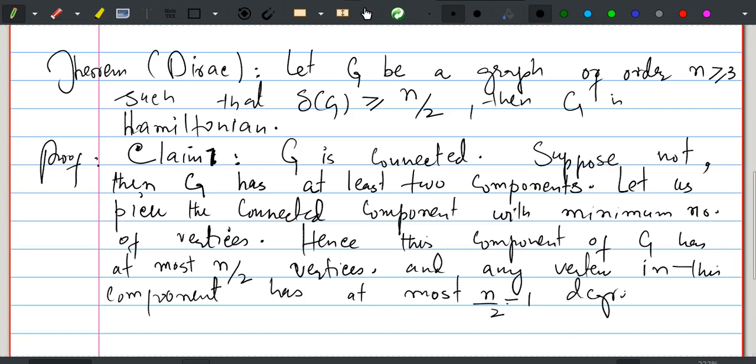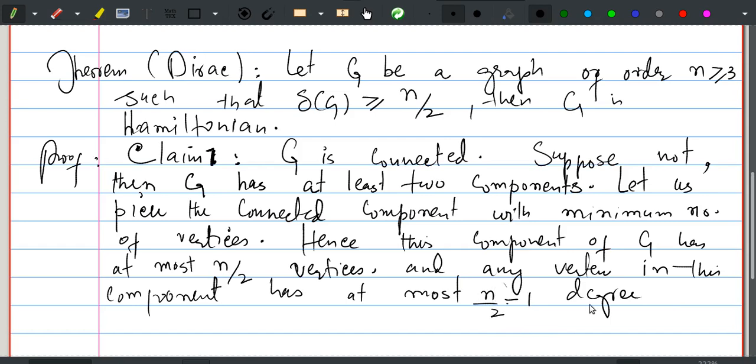So the degree of a vertex cannot exceed this number, but it is given that the minimum degree of a vertex in graph G is at least n by 2, that is, it is bigger than or equal to n by 2. Here we have seen that there is a vertex in G with degree at most n by 2 minus 1, i.e. less than n by 2.